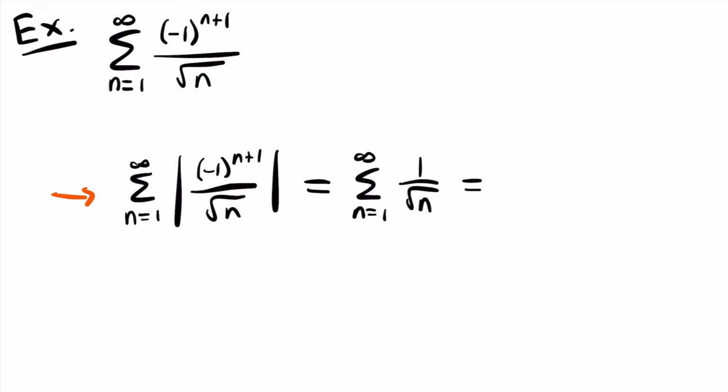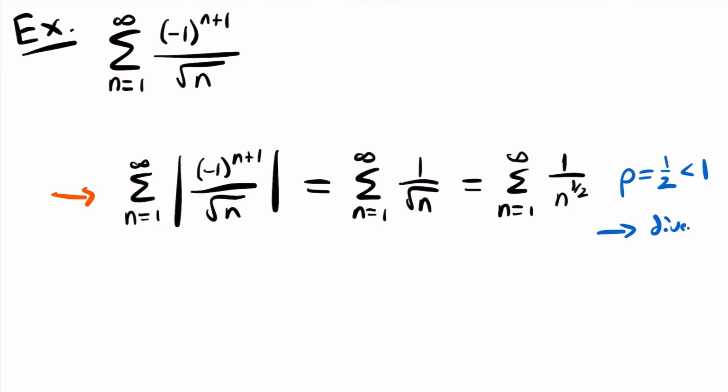We could rewrite this to be the sum from n equals 1 to infinity of 1 divided by n to the 1/2 power, because the square root is the same as taking that value to the 1/2 power. And so this is a p-series where we have 1 divided by n raised to a power of 1/2. And so p is equal to 1/2, which is less than 1, which means that this series diverges.